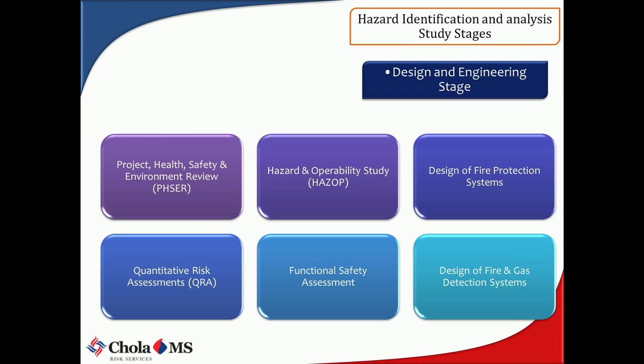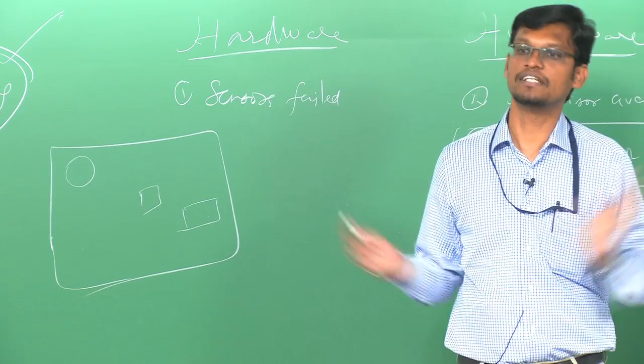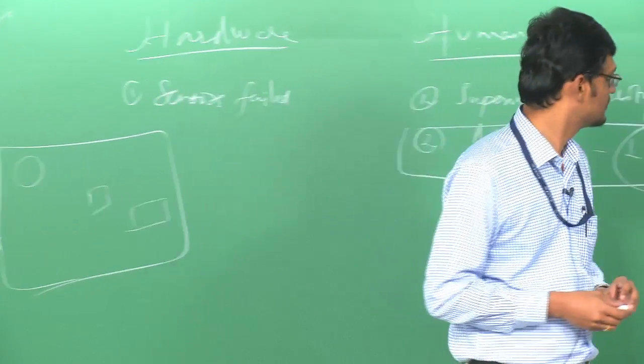Can you help me to trace the life cycle of an organization or a project? You are an entrepreneur, okay. So, tomorrow you want to start up your own facility. So, what will you do first?